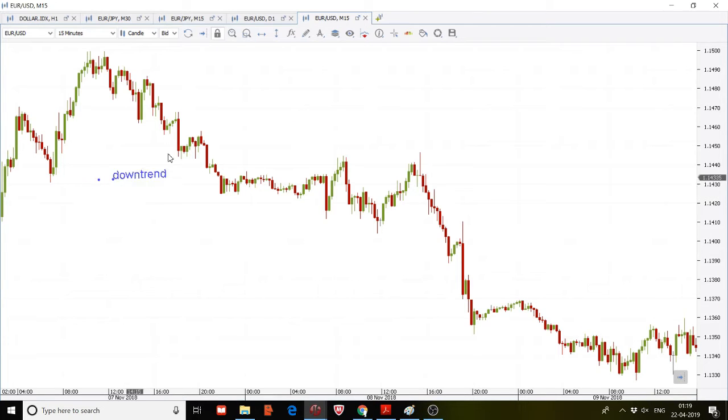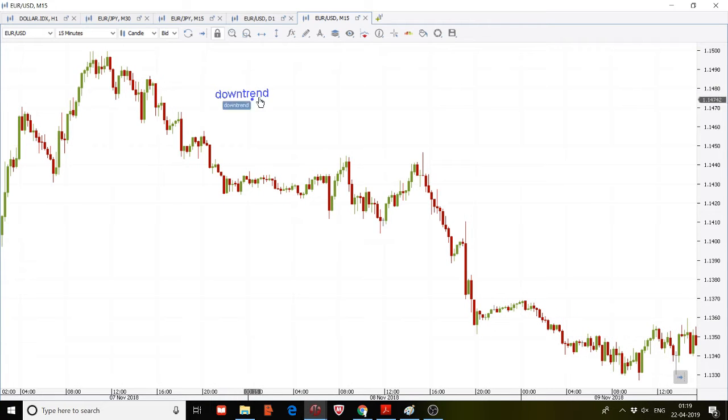Then only it will be easy for us to identify the ascending triangle in a downtrend, because a similar triangle can form in an uptrend also, just the entry points will be different. But when we know the instrument is in downtrend, then we can apply the entry point which is needed in a downtrend.